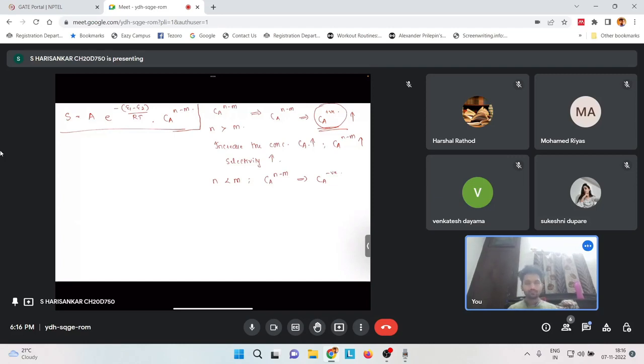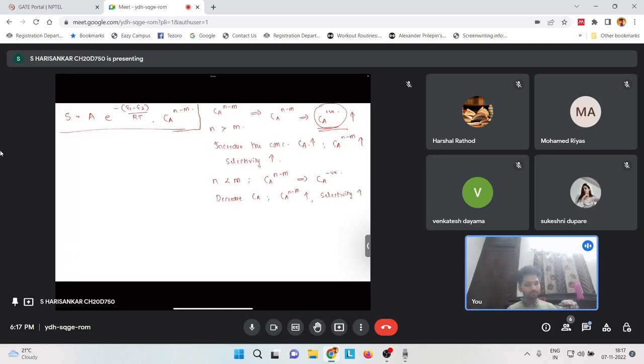If this is the case, then to increase the selectivity, we decrease the concentration of A. So if Ca decreases, Ca raised to n minus m will increase, and selectivity will also increase, right? Now, this is how you can manipulate the selectivity by changing the concentration.